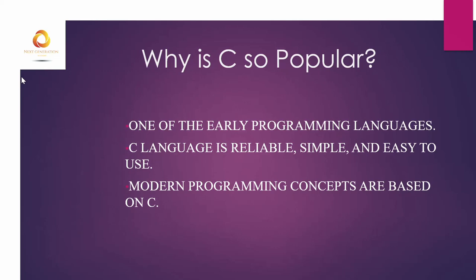There were other languages just like we saw the B language, but C was so popular because of its simplicity, the human readable programming syntaxes, and so on. So that is why C is still so popular, despite the fact that there are so many other programming languages today. So C language is reliable, simple, and easy to learn and easy to use.